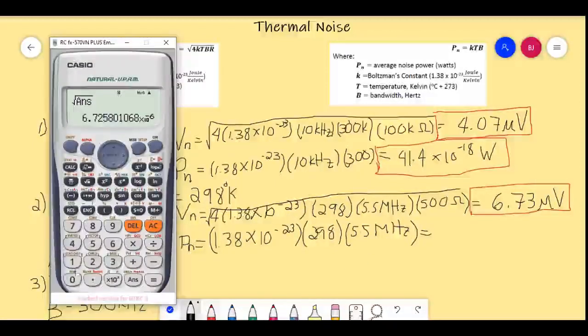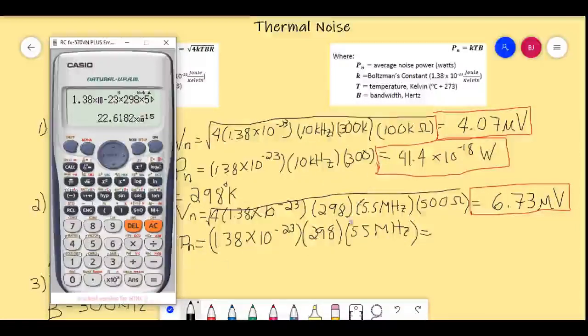So let's take a look. 1.38 exponent negative 23 multiplied by 298 multiplied by 5.5 exponent 6. And the answer would be 2.26182.